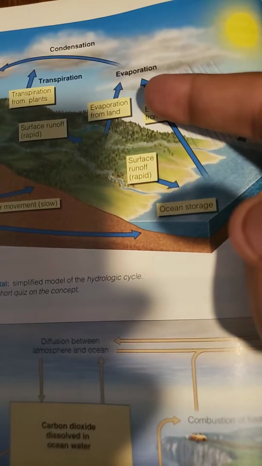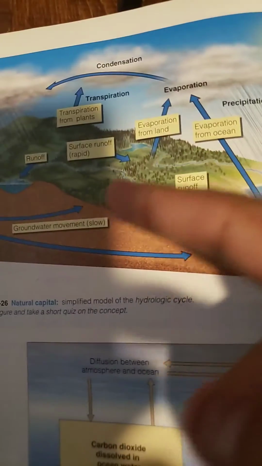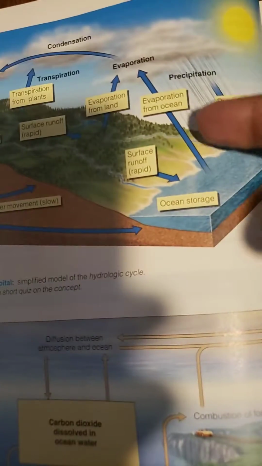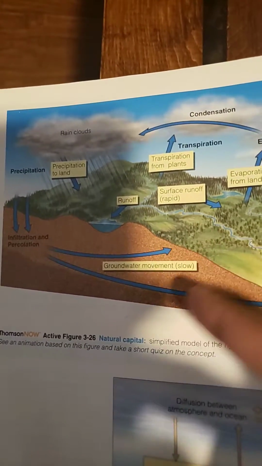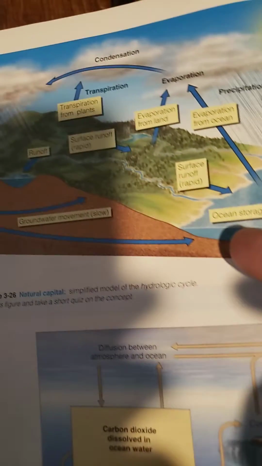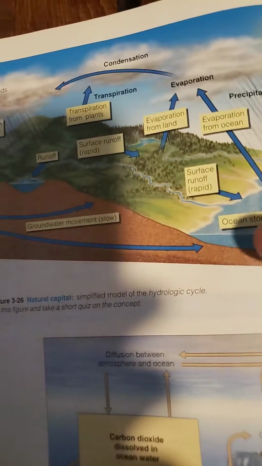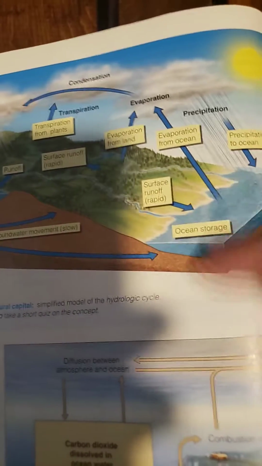That will evaporate. So we get evaporation from land, evaporation from the ocean, and evaporation even from lakes and rivers. Also, groundwater moves through the bottom of our earth and into these different ocean storages.